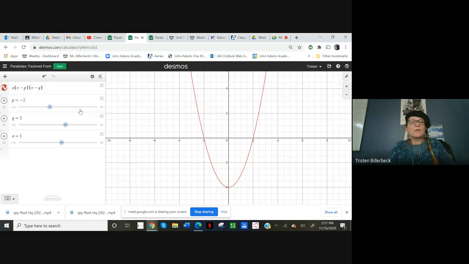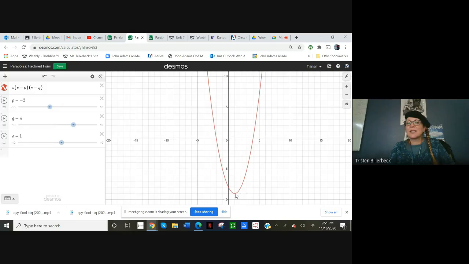So if I wanted to know what the axis of symmetry was, if I had a 4 out here, or there we go, 4, then my axis of symmetry would be -2 plus 4 divided by 2. I'd take the average of the 2 points. So -2 plus 4 is 2, and then divide it by 2 gives me 1. So we would expect this vertex to be at 1.